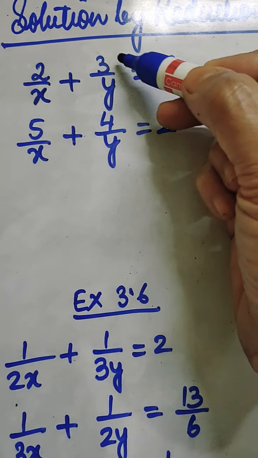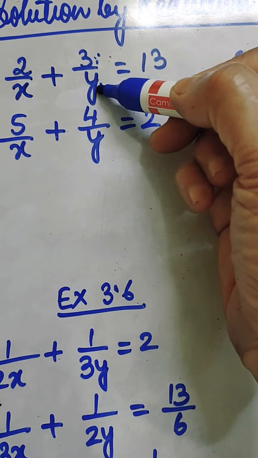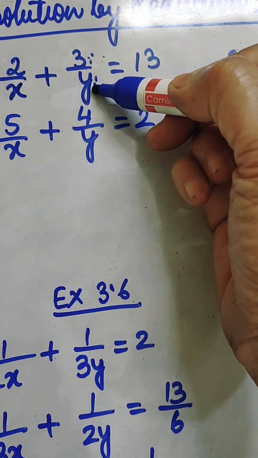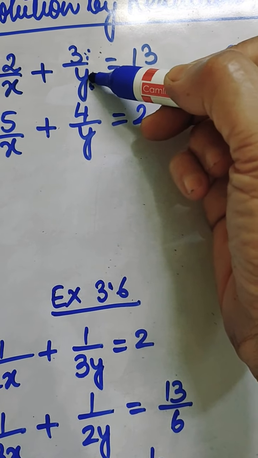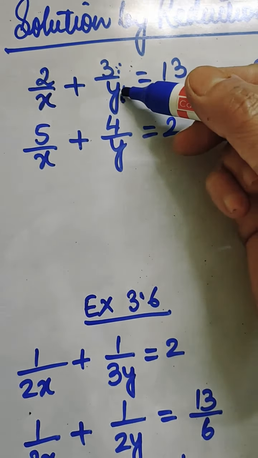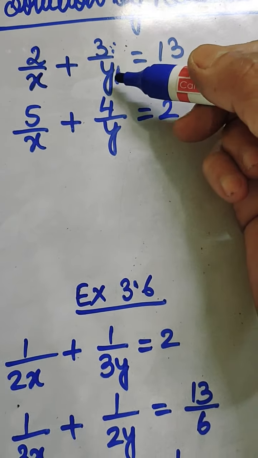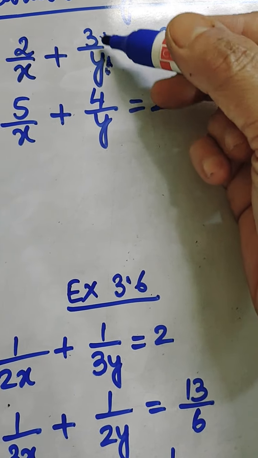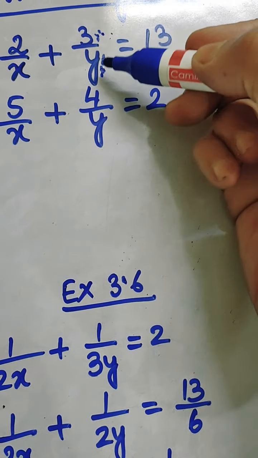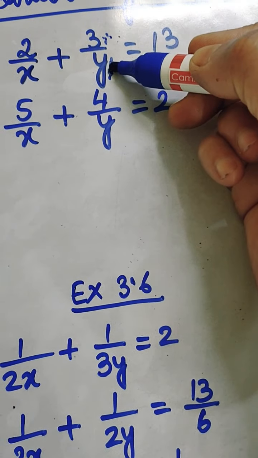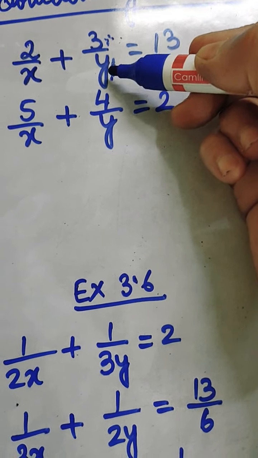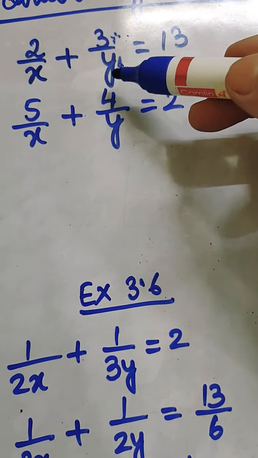Similarly, here you have 3 by y. It is not linear because here the degree of y is negative. That means it can be written as 3 into y to the power minus 1. So here the degree is not a positive integer, and we have to substitute.